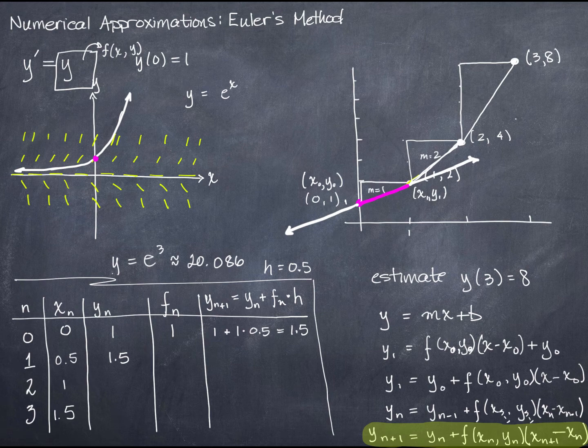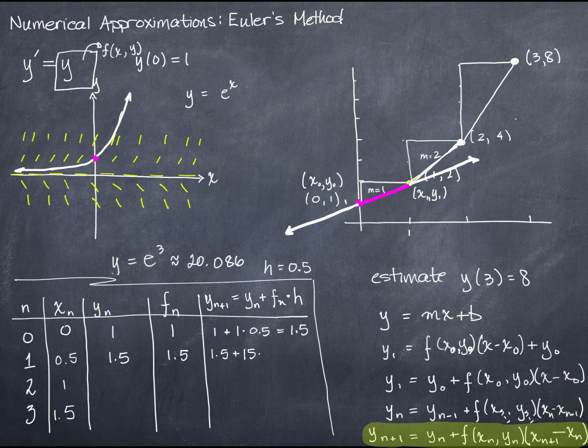All right, now I have my new y value. So what is my slope at that point? Well, it turns out because of the equation that I'm working with, the slope is the same. So I can just use 1.5. And now I can work out my new y value. It's going to be my old y value, in this case 1.5, plus my old slope, the one from this row, which is 1.5.